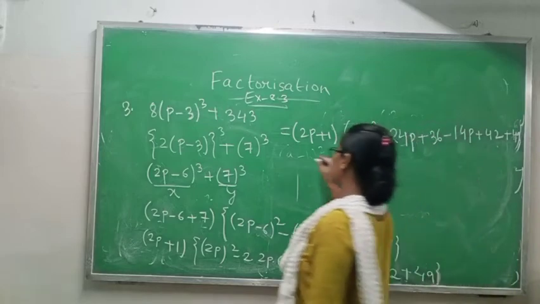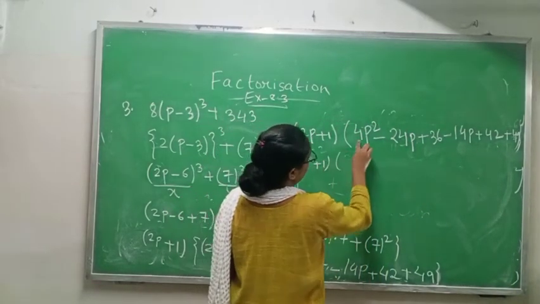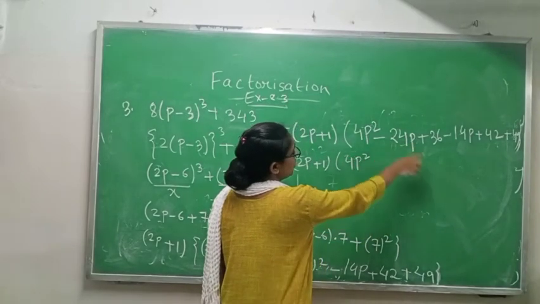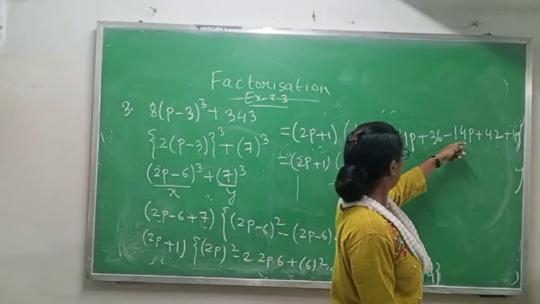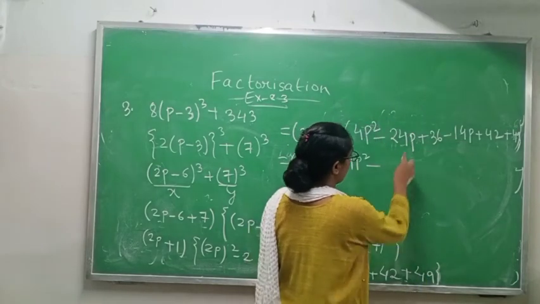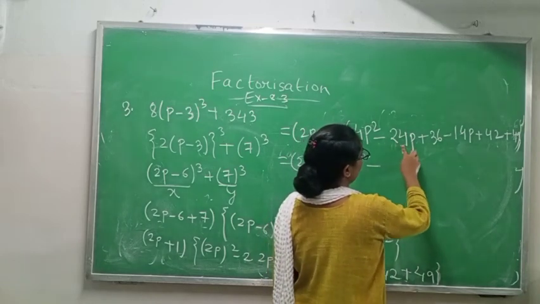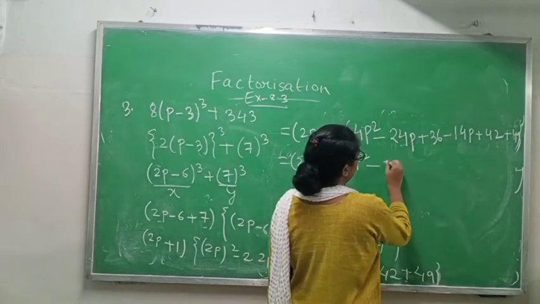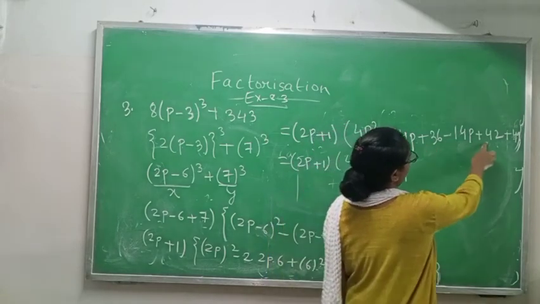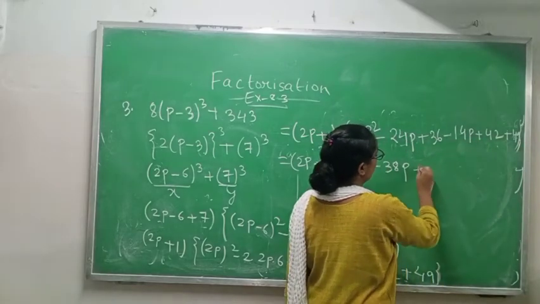Now you can solve this one if it is possible to solve anything inside the bracket. 4p square, no pair, so I will write 4p square as it is. Minus 24p minus 14p, minus plus, but we have to put minus sign because 24 is greater. With 24 we have minus sign. So 24 plus 14, 38p. Okay. Plus 36 plus 42 plus 49 means all will be positive, so all will add.